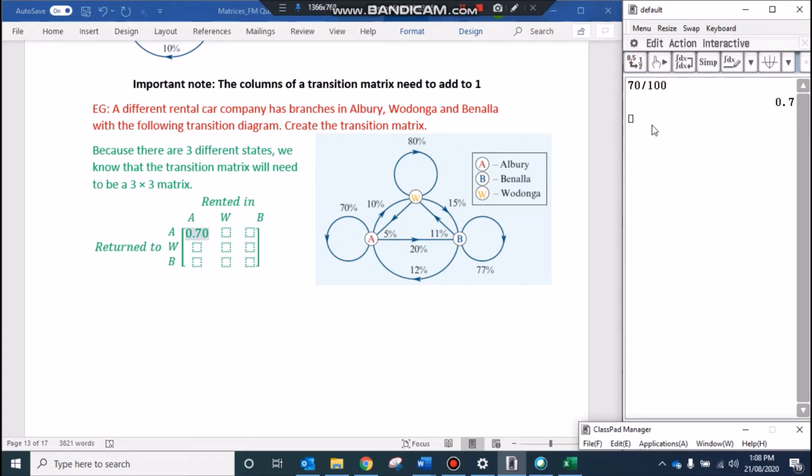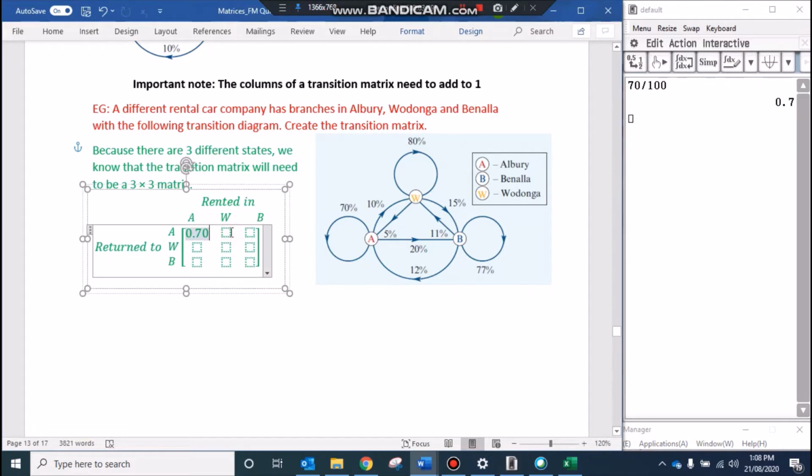So 0.7. Now, if you are renting the car in Wodonga and returning it to Albury, we're looking at this second element in row 1, and we're going to follow the arrow from Wodonga to Albury. So this arrow here, pointing from Wodonga to Albury, is 5%.